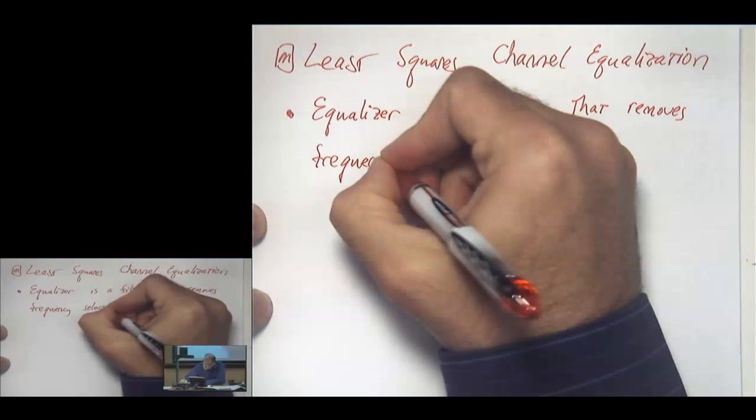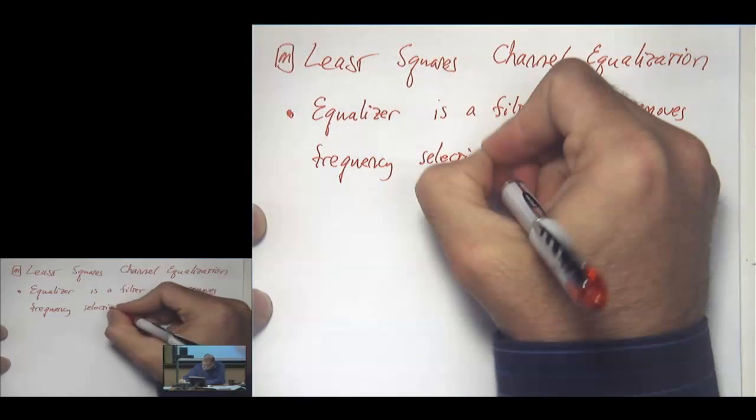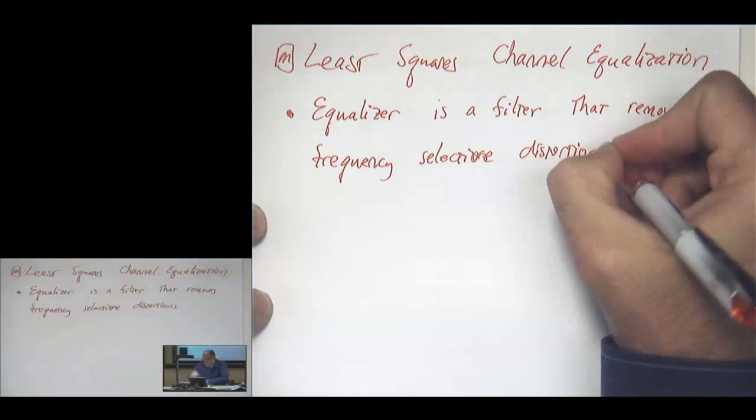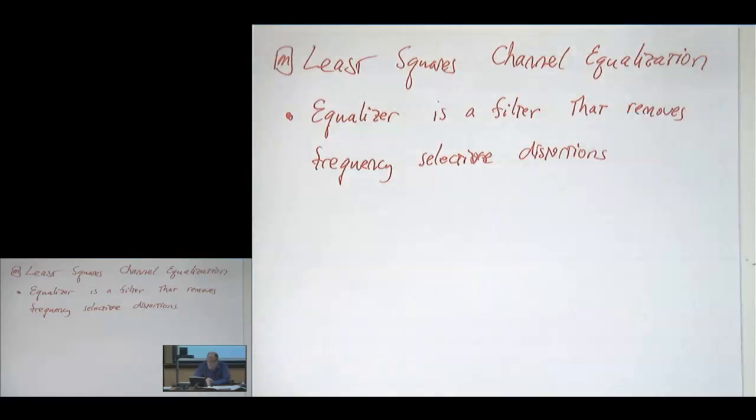And this is used in a lot of different signal processing problems. The most common one is audio, where you might be correcting for poor frequency response of your headphones or your speakers or the environment that you're in.